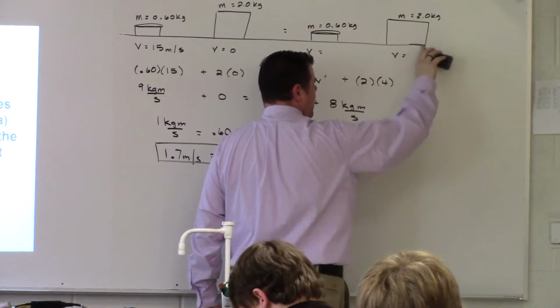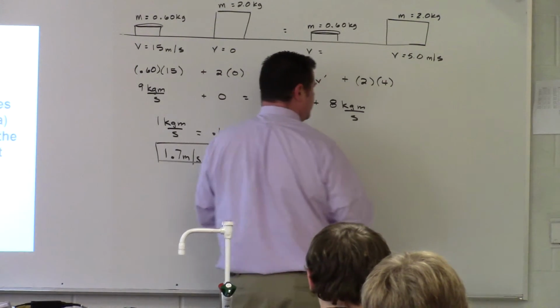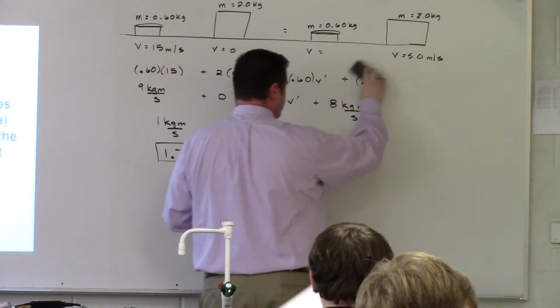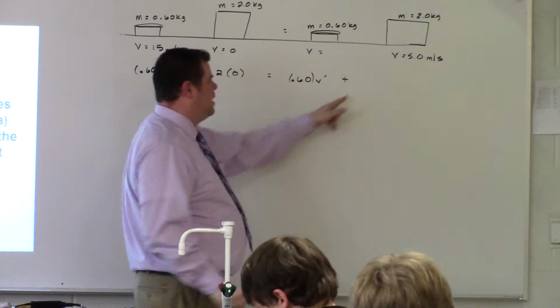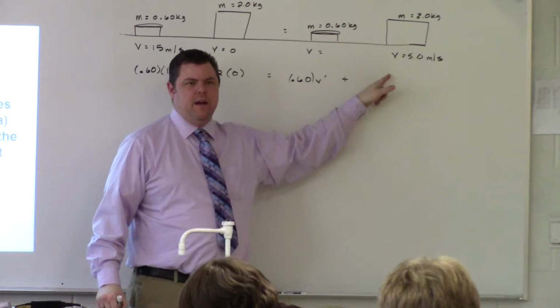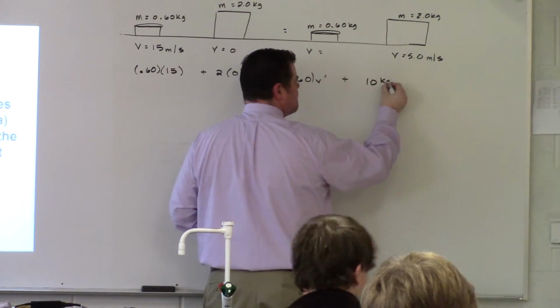Okay, so if we change the velocity to 5 meters per second, now over here, when we do mass times velocity, we don't have 8, we have 2 times 5, we've got a momentum of 10.